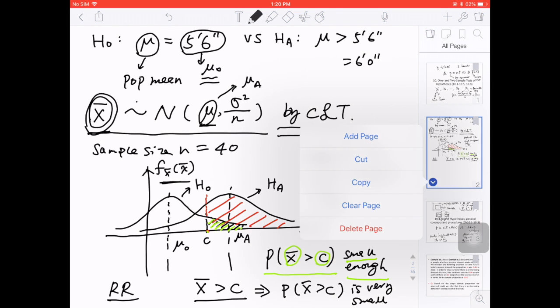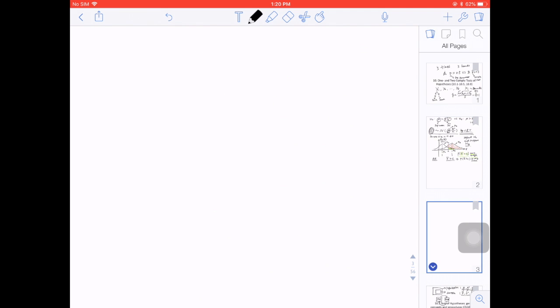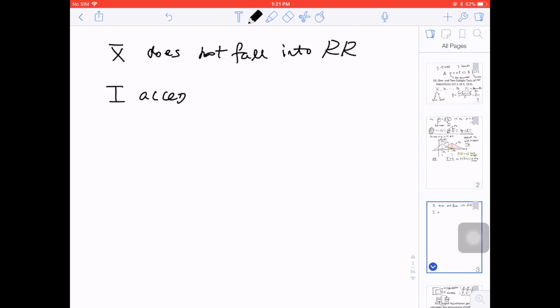However, if your observed sample statistic does not fall into the rejection region, what kind of conclusion can you draw from this? Can you say, I accept H0?